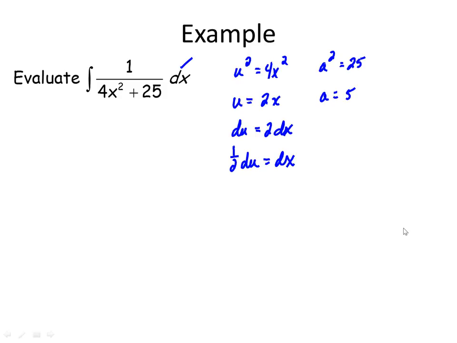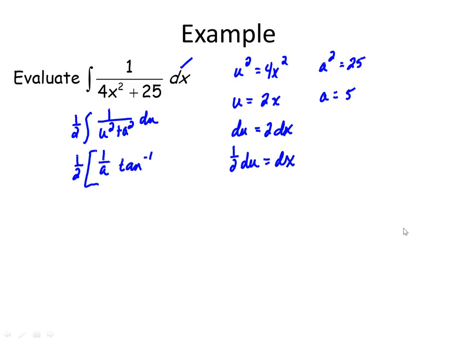All right, so we are going to have 1/2 times the integral of 1 over u squared plus a squared du. So you're going to have 1/2 times, we said that was the one in the middle, 1 over a tangent inverse.